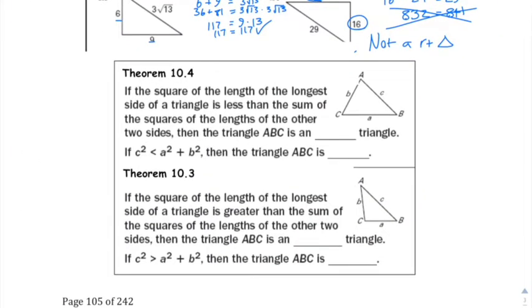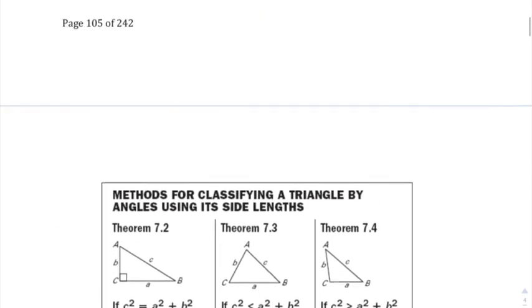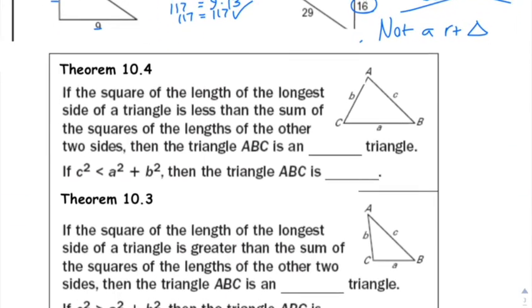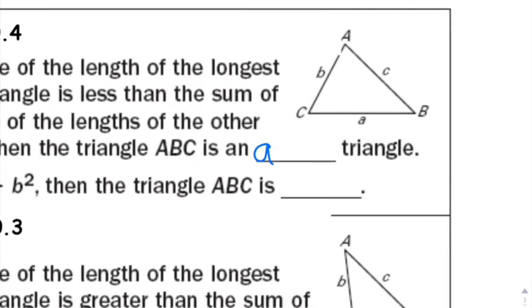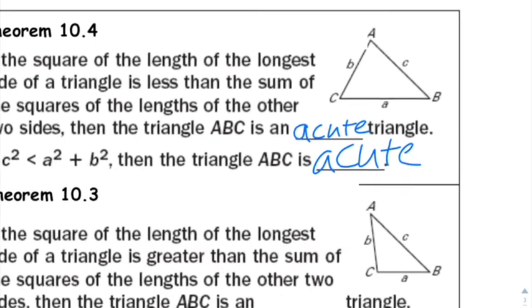Okay. And these are the extensions that you can do from these here. So you have theorem 10.4 and 10.3. You can use this to classify what type of triangles they are. So if the square of the length of the longest side of a triangle is less than the sum of the two squares of the lengths of the other two sides, then the triangle ABC is an acute triangle. Alright, here's how I remember it.